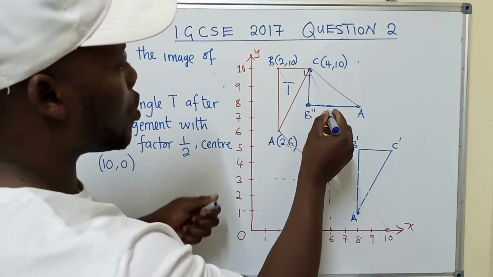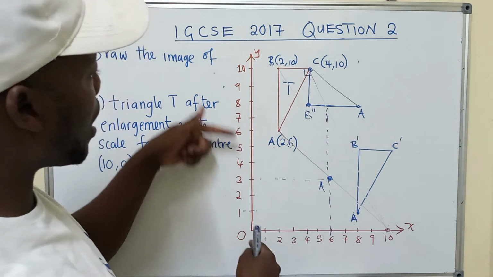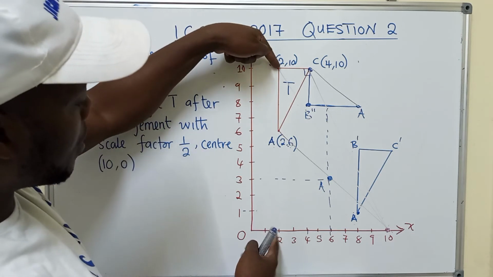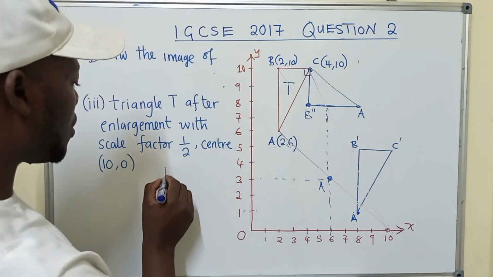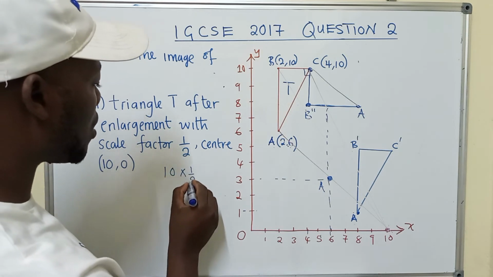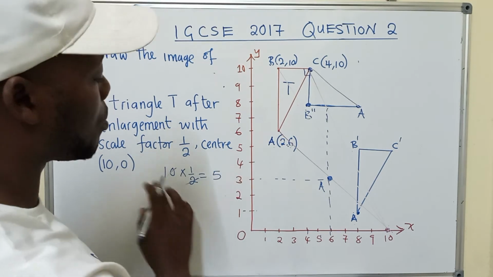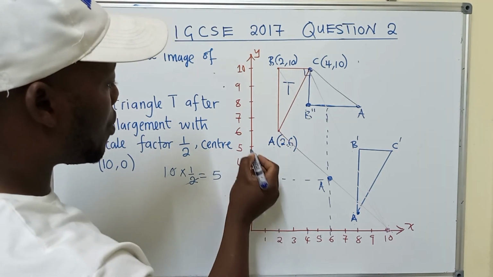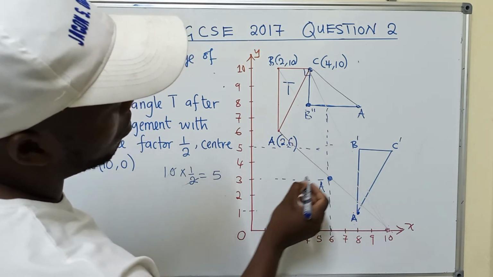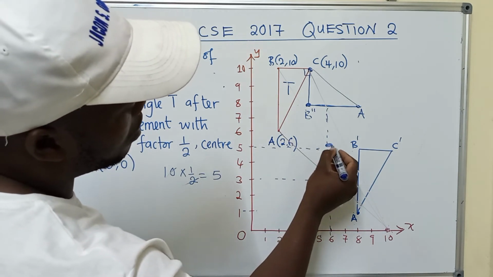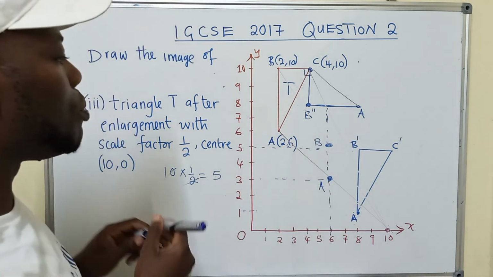And then along the y-axis, from where it is to here, it will be 5, because this is 10 times 1/2, which equals 5, when you work it out. So 5 is right here. You move like that. So the point B will be right here. This is where point B is.